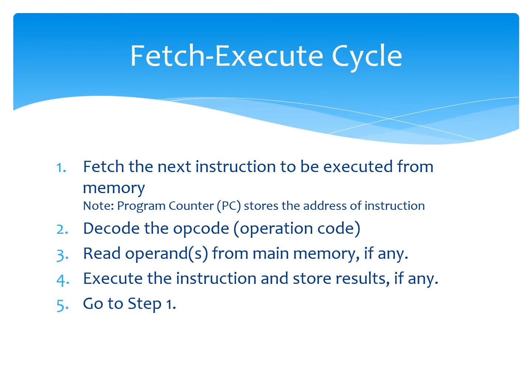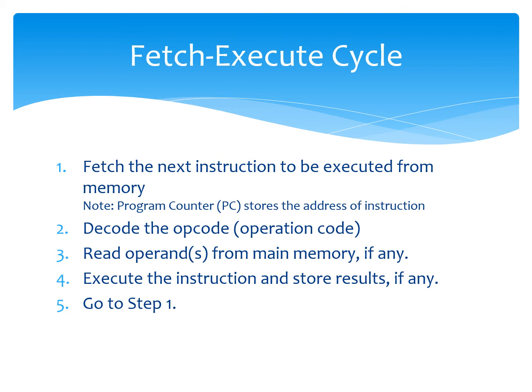Step 3, read operands from main memory, if any. This step can be considered as the chef takes ingredients from the countertop, where the countertop indicates the main memory. Step 4, execute the instruction and store results, if any.